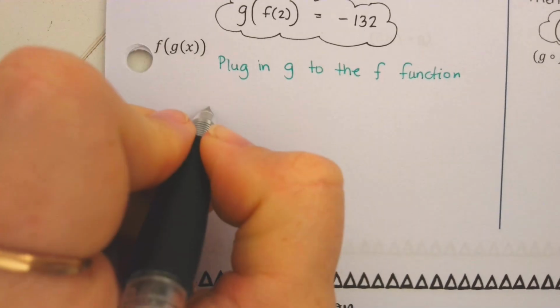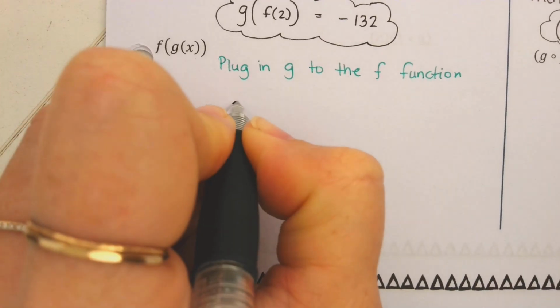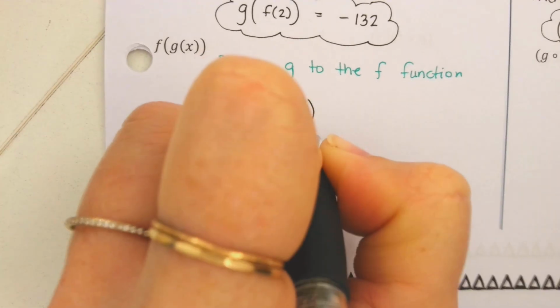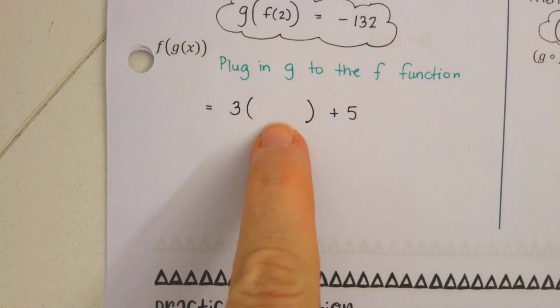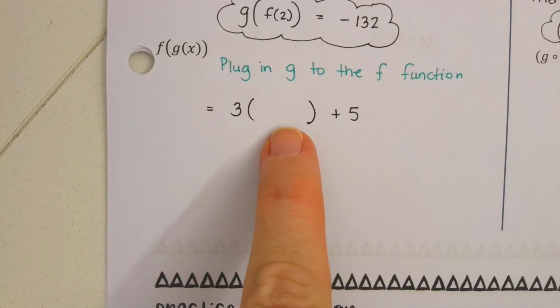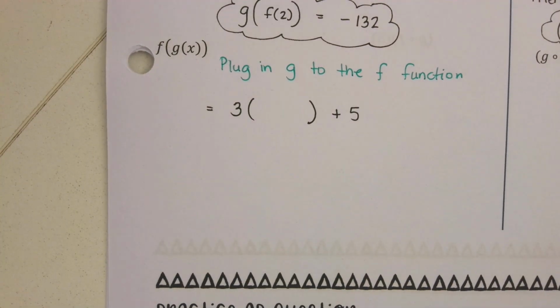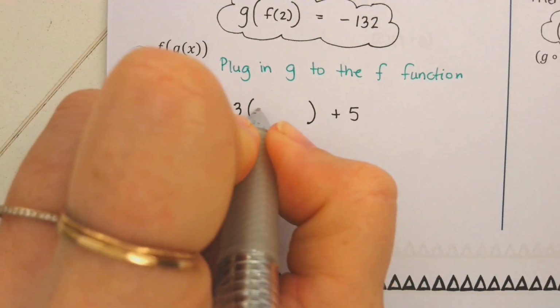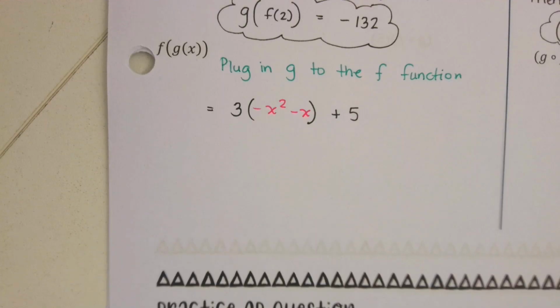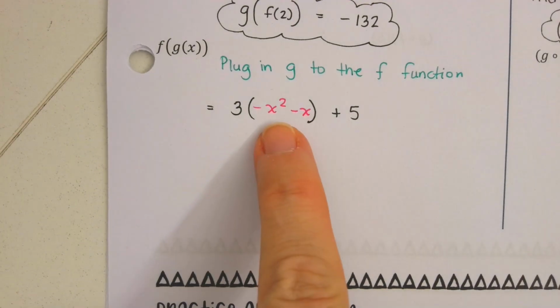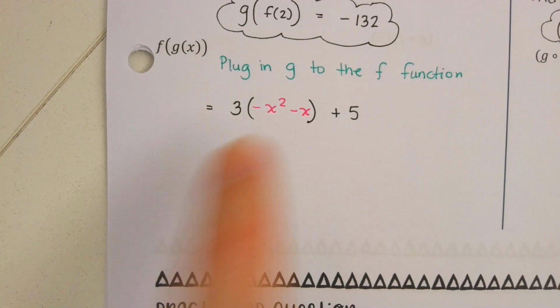I'm going to use a separate color so you kind of see it. So I'm going to have 3, and then where the x is in the f function. So here's where the x was, 3x plus 5. We're going to put the entire output of the g function, which was negative x squared minus x. And then we're going to simplify. So again, this is our g function that we've plugged into the f function.